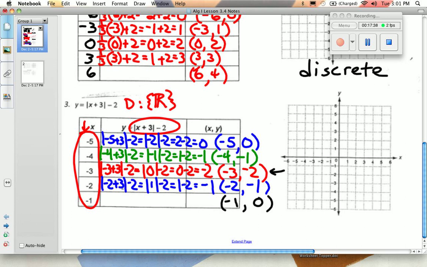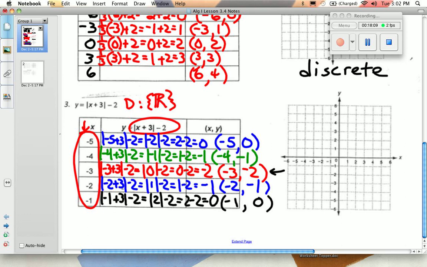That's what I'm predicting. Did you see the pattern there? Negative 2 is in the middle, then there's negative 1s on each side of it, and then there's 0s on each side. So let's see if that's what happens. Negative 1 plus 3, and then take away that 2. Well, negative 1 plus 3 is positive 2. What's the absolute value of positive 2? 2. So I have 2 take away 2. 0. And that is 0, isn't it?